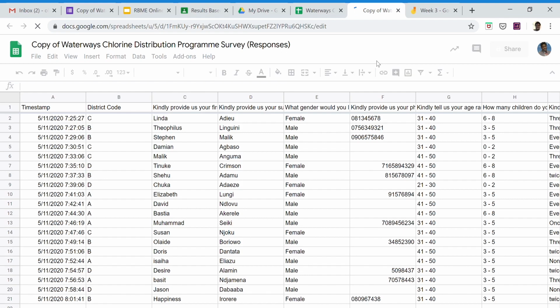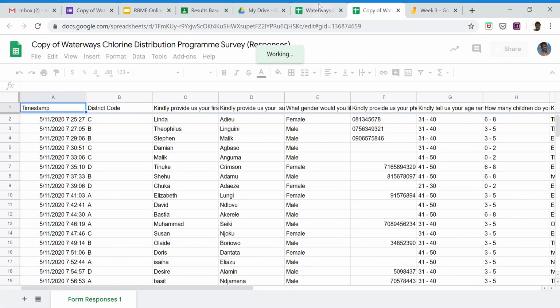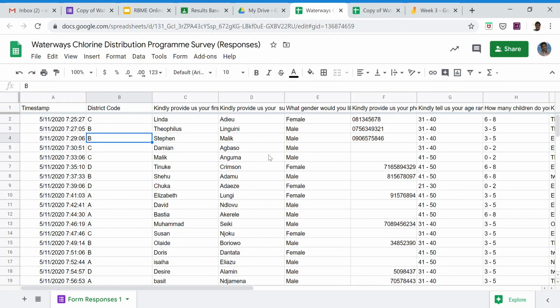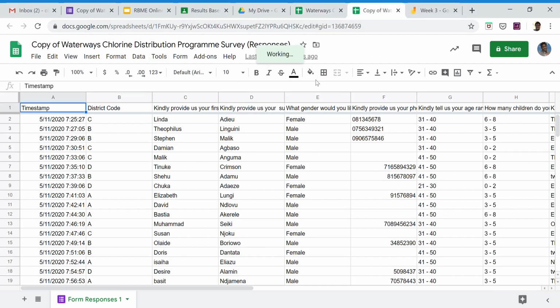That's very important. Even when you collect any data or download any data sets, just make a copy of it so that the original is just waiting and you can work on the copy.